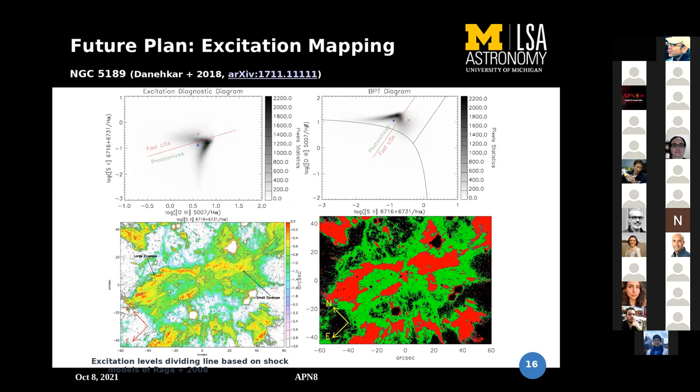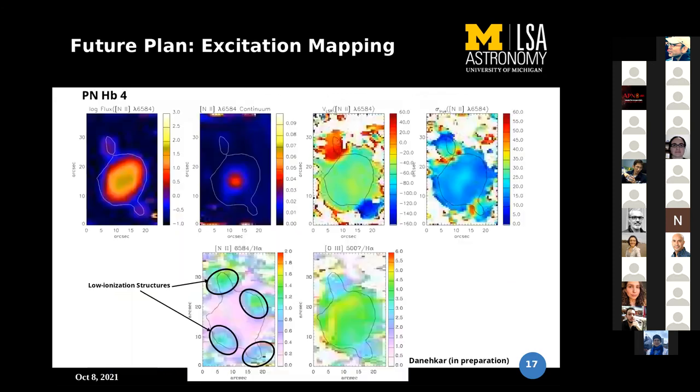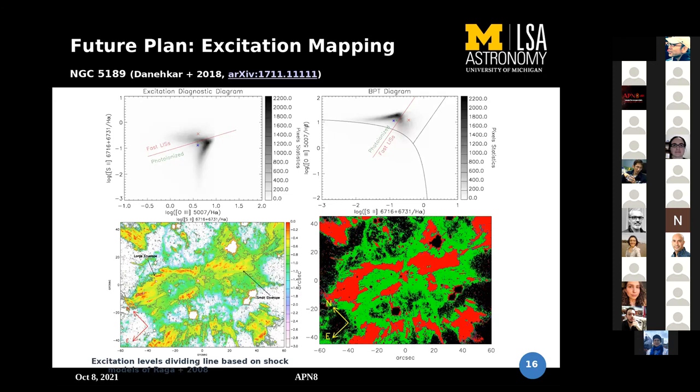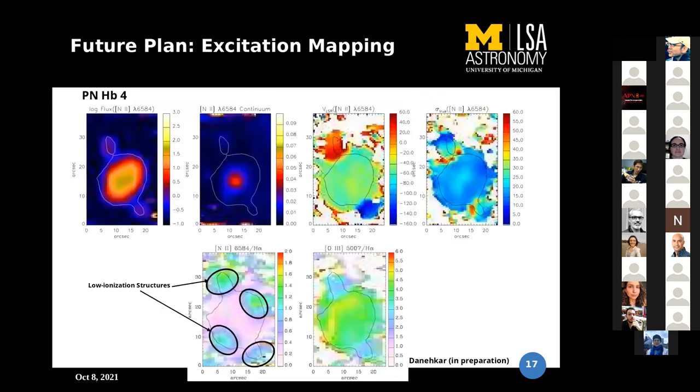Here you see that using this technique we distinguish the region, a large envelope, which has low ionization. Similarly, we can use BPT diagram techniques, which I am right now working on in other papers, to distinguish regions with low ionization.